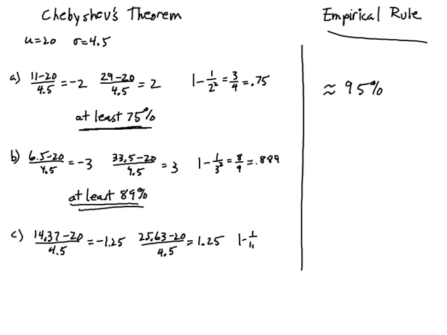So if I put 1.25 in there and square it, I get approximately 0.36. So the answer is at least 36%. At least 36% of the mini compact cars will get somewhere between 14.37 miles per gallon and 25.63. At least 36. 36 or more, but at least 36.